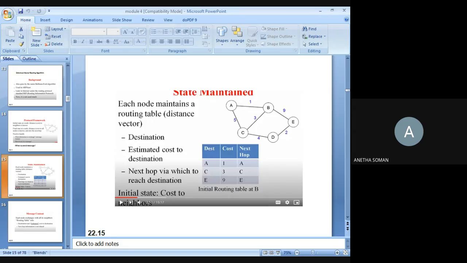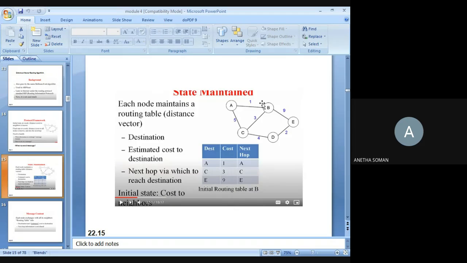The first initial step in the distance vector algorithm is you have to find out the routing table at each node. Now, as an example, you can see in the slide the initial routing table at node B is given for you.